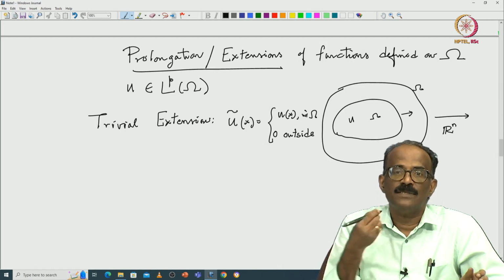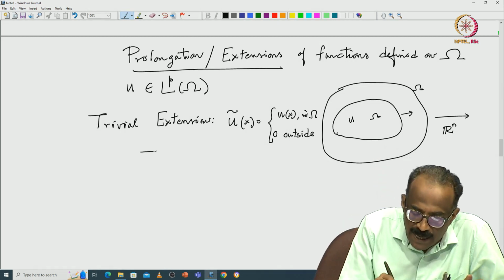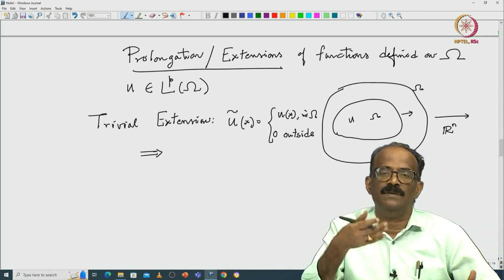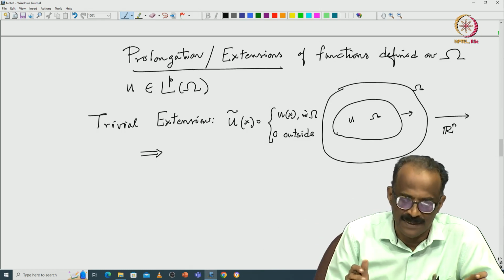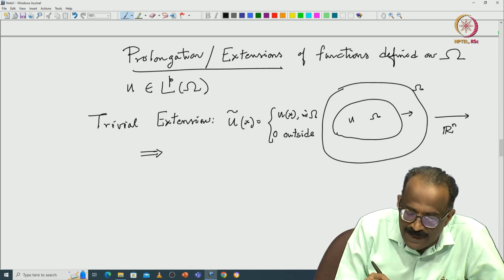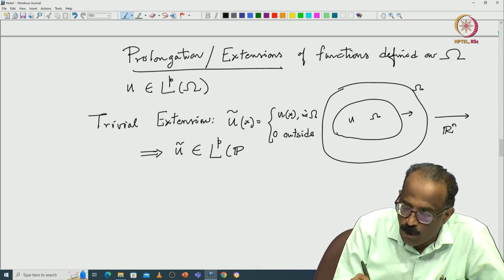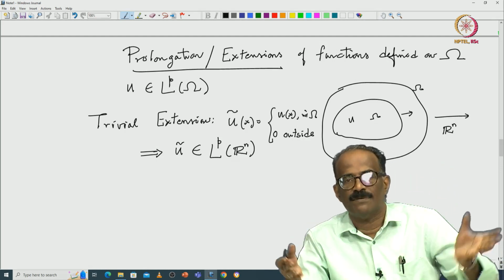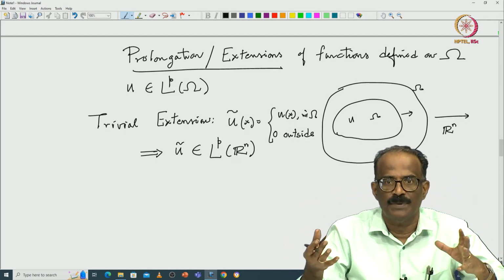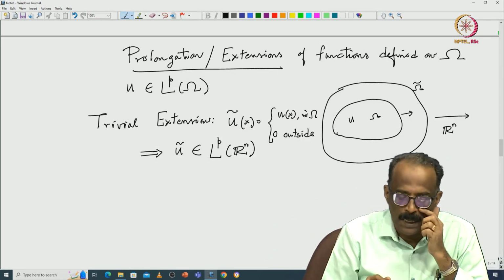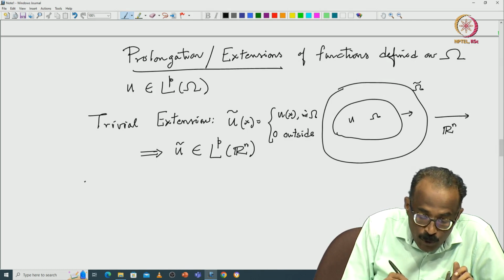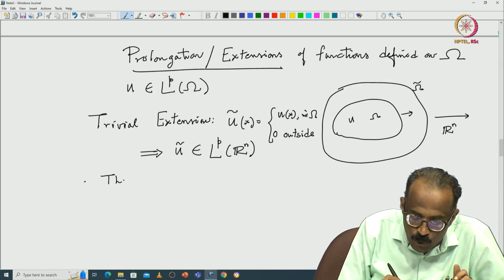Because the L^p norms are additive, integrations can be added, and you will get u tilde is in L^p of R^n, or L^p of omega tilde, whichever be the bigger domain omega tilde.